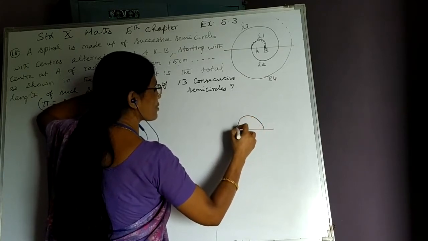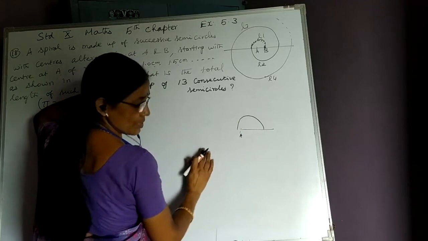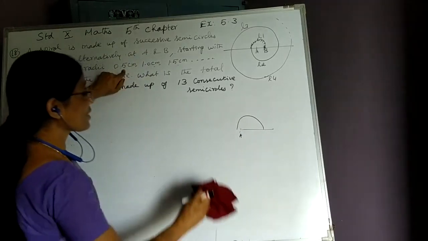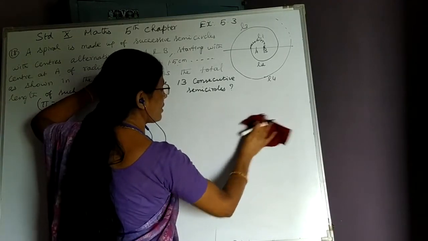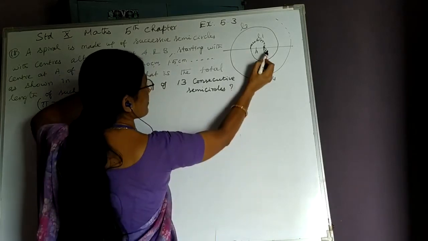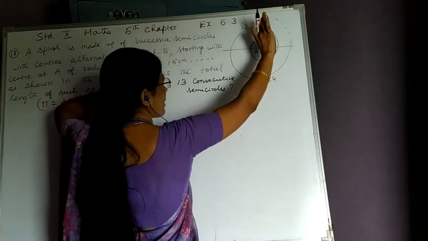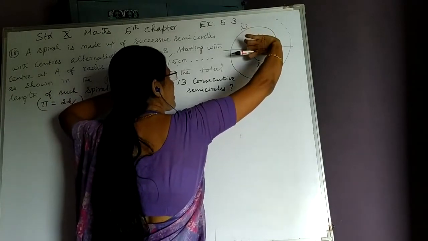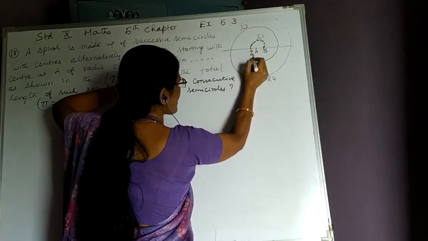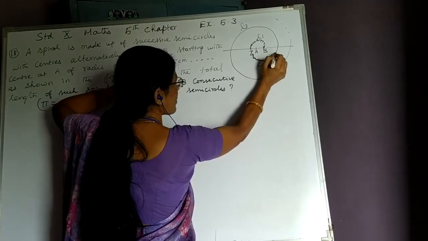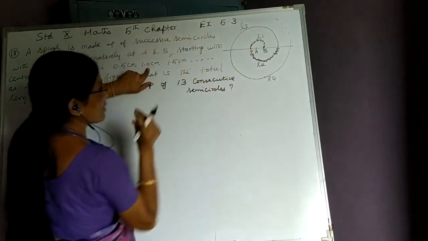Right? This is the first semicircle. Then, the second semicircle is drawn with center B. What is the radius taken? 1 centimeter. So, center B and radius 1 centimeter. This is the second semicircle drawn with center B and radius 1 centimeter.